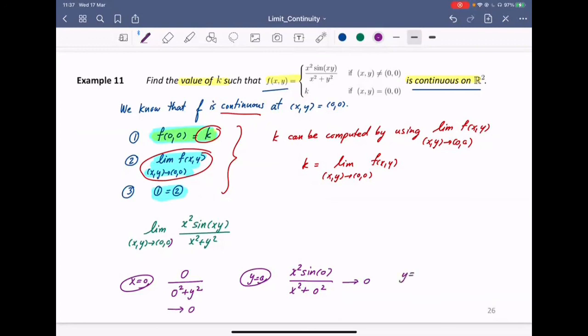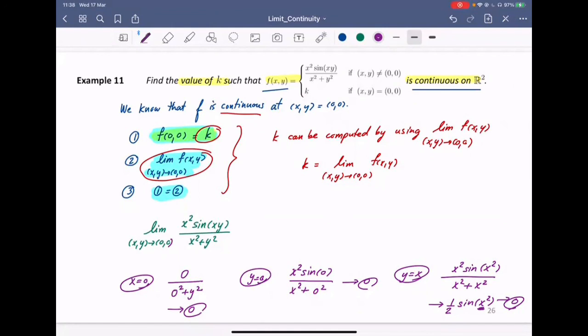What if I pick y equal to x? x squared sine x squared over x squared plus x squared. Here you get 1/2 times sine x squared, which goes to 0 as well, because x goes to 0. After you pick these 3 curves, you can see they all go to 0.